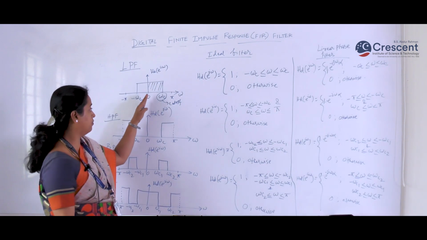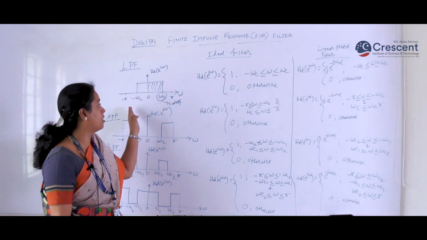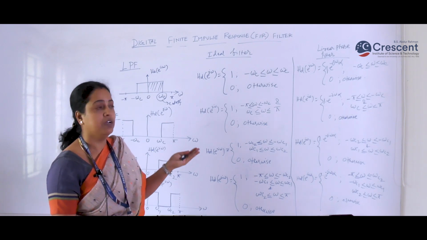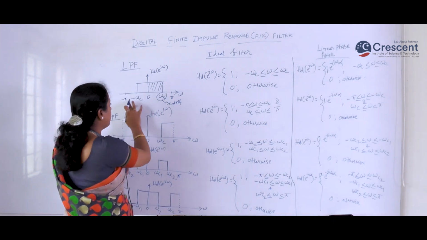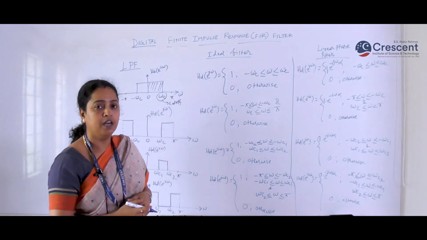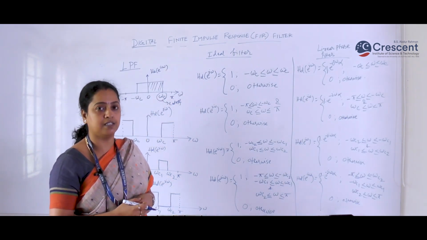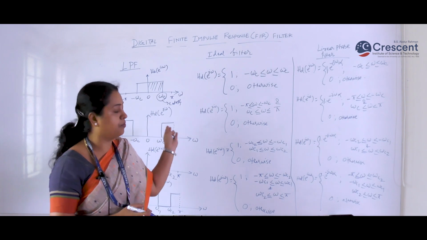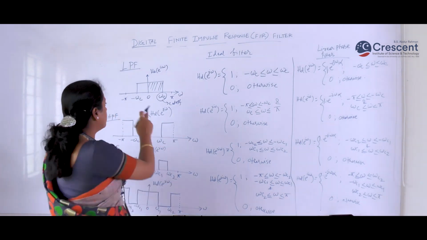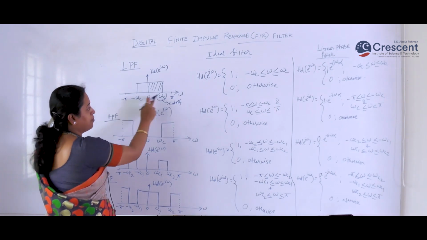We have written the other side also, because when we design the problem, we have to take the range of frequencies from minus pi to pi. So we have written the negative frequency also, but there is no negative frequency in reality; we have written it here for design purposes, because the ideal range is from minus pi to pi.